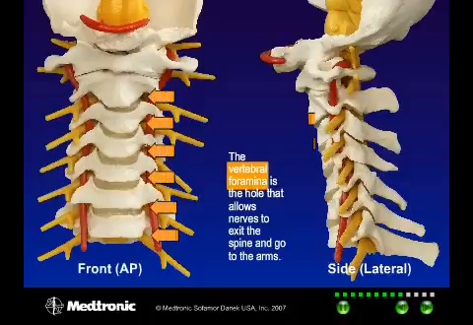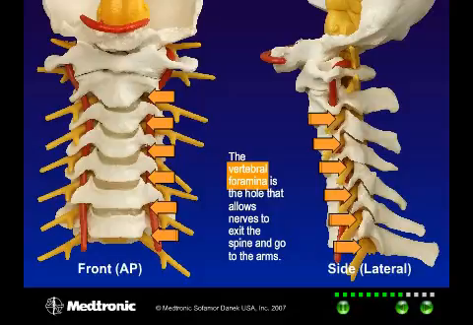The vertebral foramina is the hole that allows nerves to exit the spine and go to the arms.